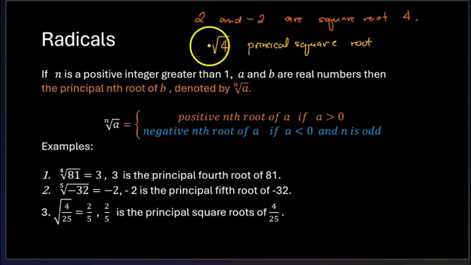The answer here is only the positive square root, not negative 2. Again, 2 and negative 2 are both square roots of 4, meaning 2 squared and negative 2 squared will give you 4. But if we are using the radical sign, we are only considering the principal square root.